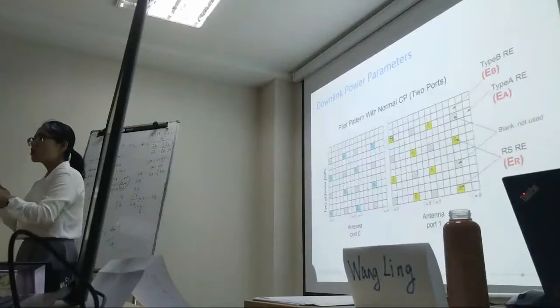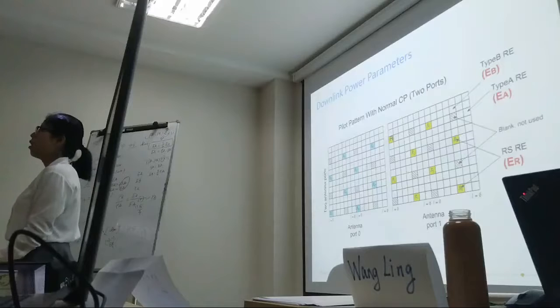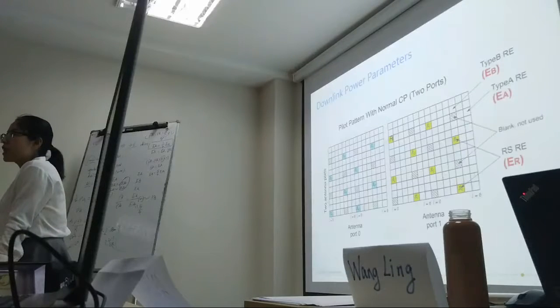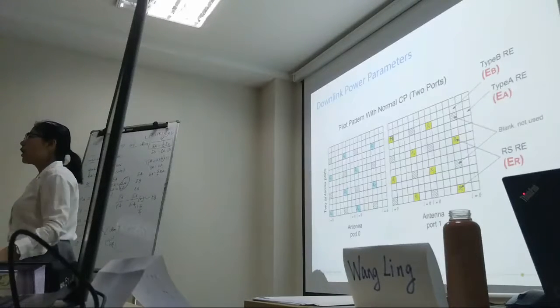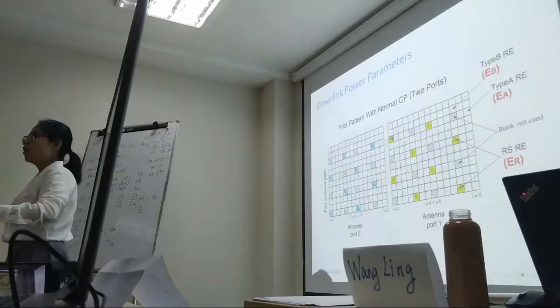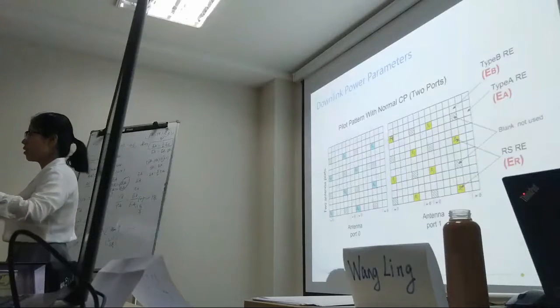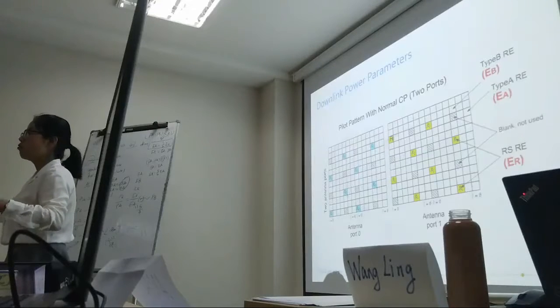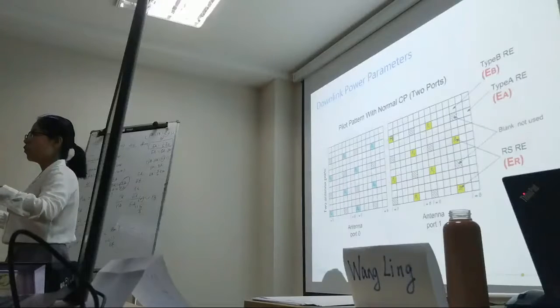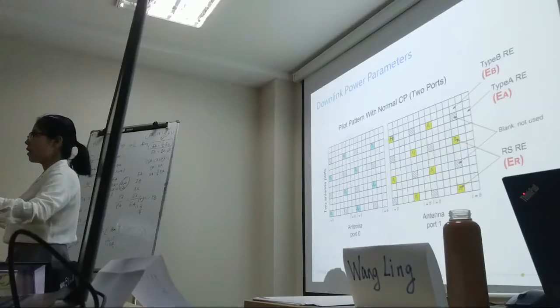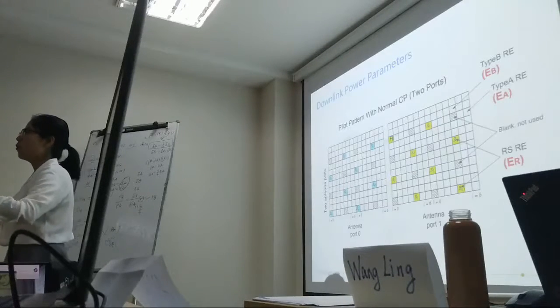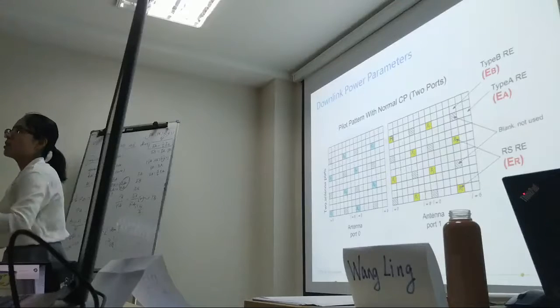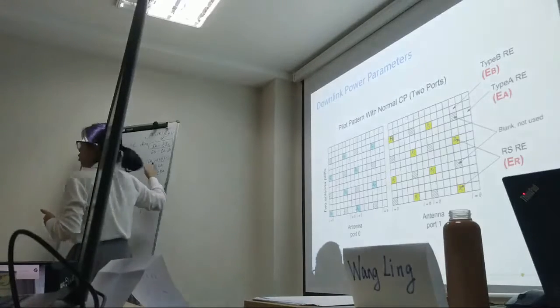So for some cells, if we don't need to enhance this coverage, it's not a macro cell. It's a small cell or a normal cell. The radius is maybe just 1 kilometer or 500 meters. So the power is enough. You can set 0, 0.